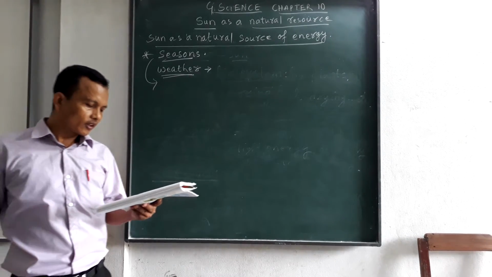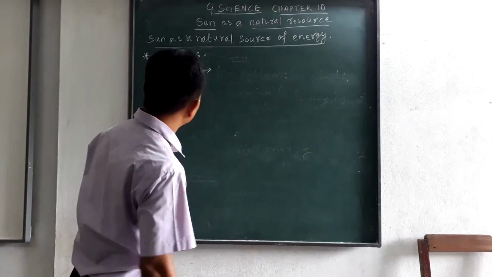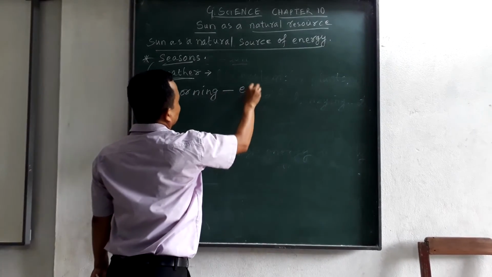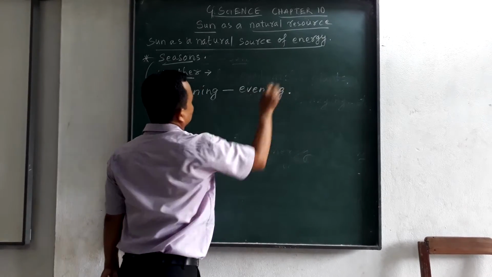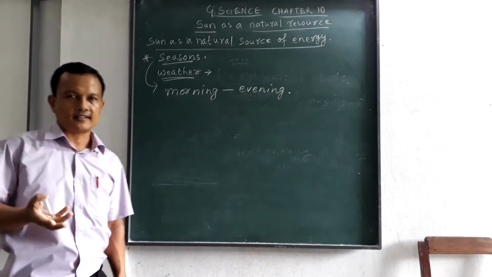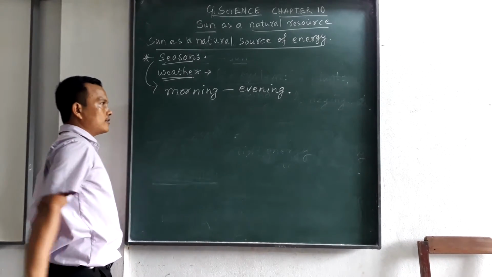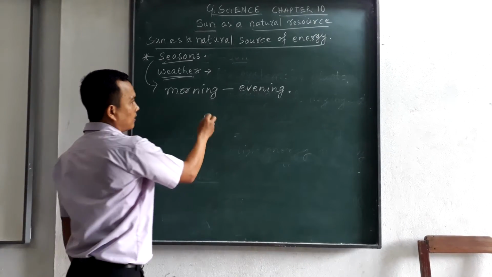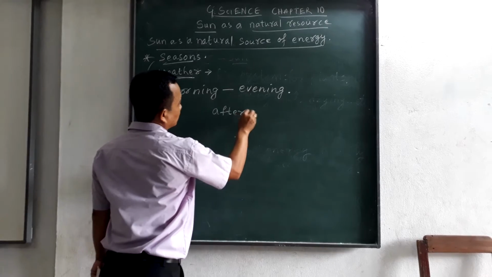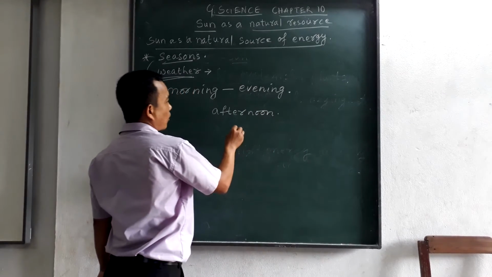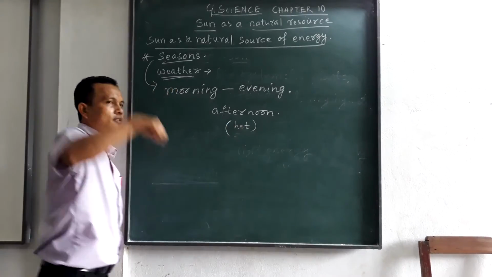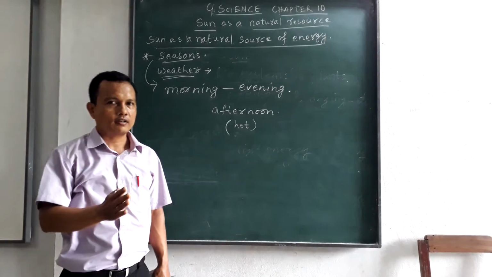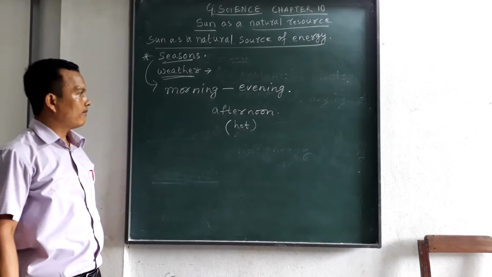So now you can see, morning time and evening, what do we experience? The heat of the sun is less, so it is moderate, or we can say cool, during morning and evening. But in the afternoon, what happens? It is always hot because the sun is directly hitting the earth in a straight vertical manner.